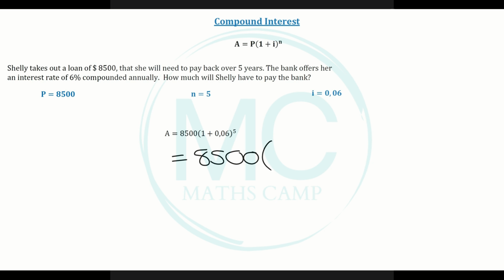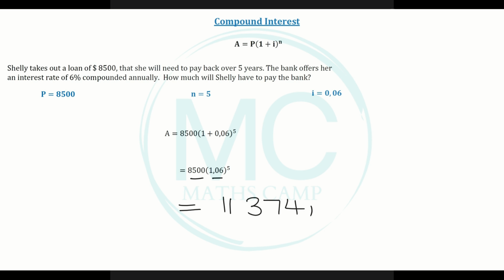Open our bracket, 1 plus 0,06 gives us 1,06 to the power of 5. Now we can take our calculator, 1,06 to the power of 5 multiplied by 8,500 gives us an answer of $11,374.92. Remember to always round your answers to 2 decimal places.